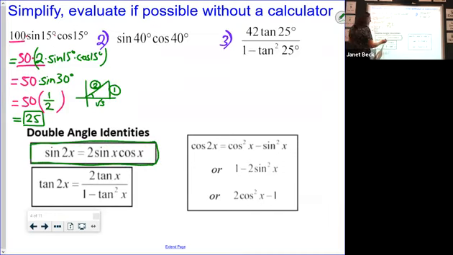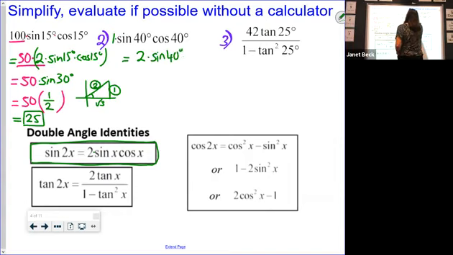But this double angle identity doesn't just have 1 times the sine of 40 degrees cosine of 40 degrees. It's got 2 multiplied by it. In our question, we've just got 1 multiplied by the sine of 40 cos of 40, and we want this to look like 2 times the sine of 40 cos of 40.